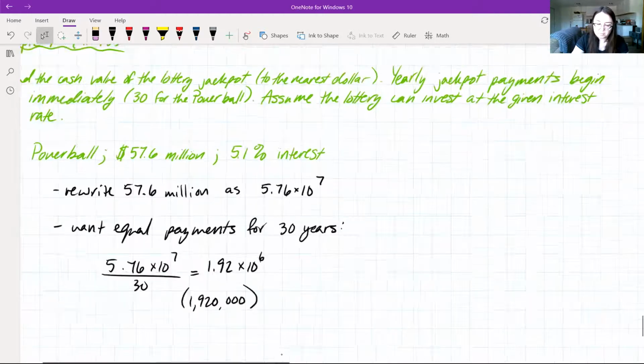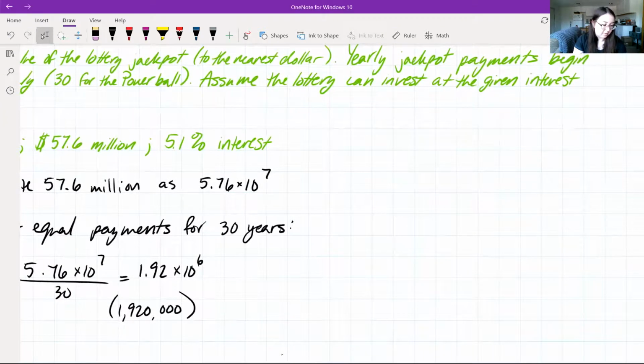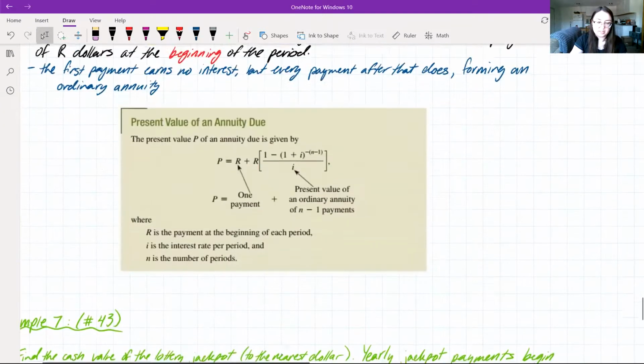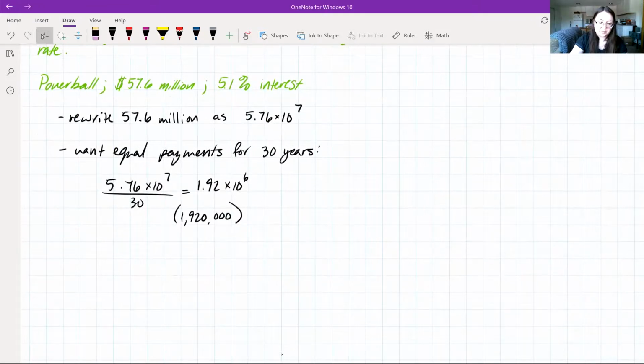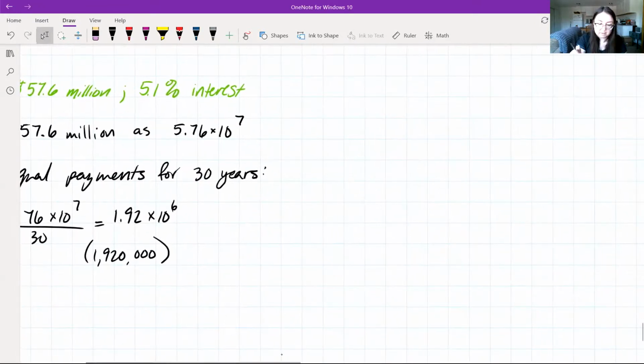Now, we want to find its immediate cash value. So we're going to use this present value of an annuity due. So we found what our equal payments would be, 1.92 times 10 to the 6th power.